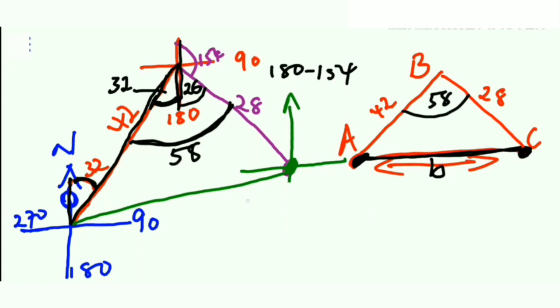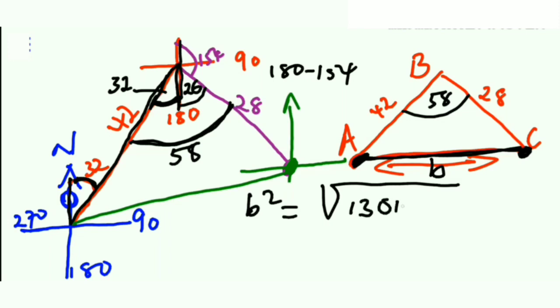So B squared equals, using a calculator, 28 squared plus 42 squared minus 2 times 42 times 28 cos 58 equals 1301.629, etc. So you have to find the square root of this.